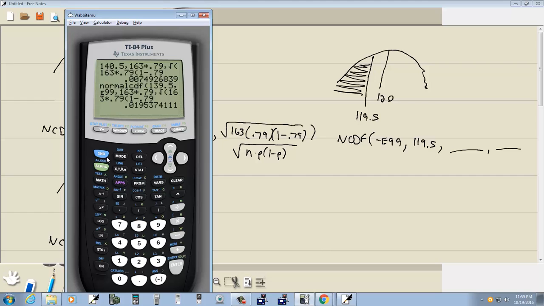So we got second enter, negative E99, comma, 119.5. Okay, negative E99, comma, 119.5, and other parameters are the same. And that gives us 0.0373.